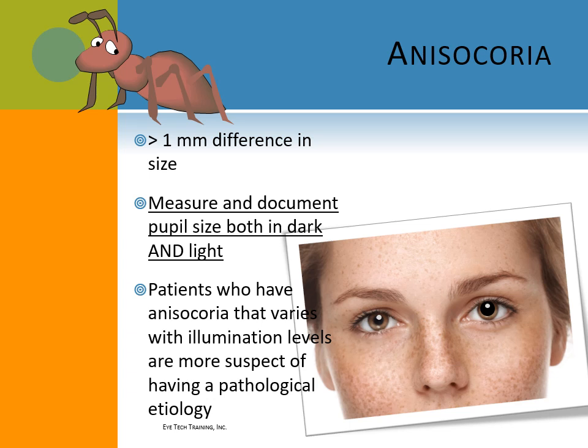The reason this is important to do is it helps the physician differentiate a patient who has congenital anisocoria, meaning that there's no disease process going on and they were just born that way, versus a pathologic condition. Patients who have an anisocoria due to some disease will typically have a differing amount of anisocoria with the lights on versus the lights off.